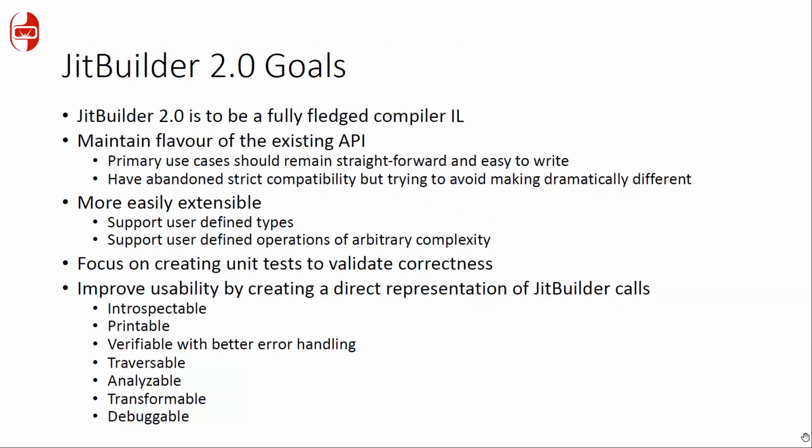So I'm trying to fix some of that, in part by making it a more fully fledged compiler IL. You get things like introspectability, printability, and so on. But I'm trying to improve on things like how easily verifiable it is that you've done the right thing, and improve the handling of errors so that you can understand what went wrong.